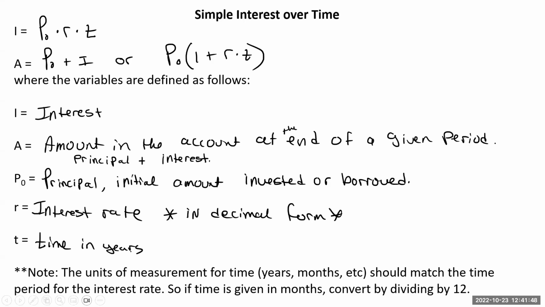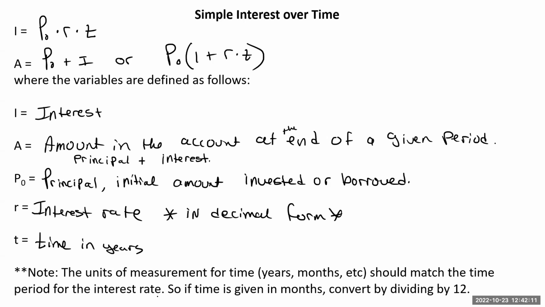So just a little note here about the time, generally the unit of time for simple interest will be in years, okay? So it says down here, the units of measurement for time, years, months, etc., should match the time period for the interest rate. And generally an interest rate is given over the course of 1 year, all right?